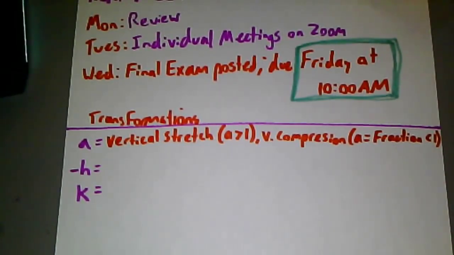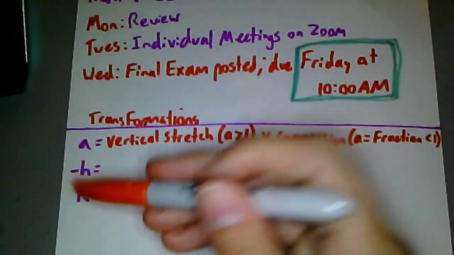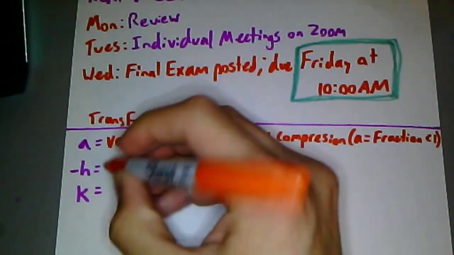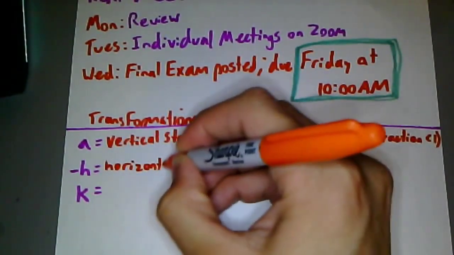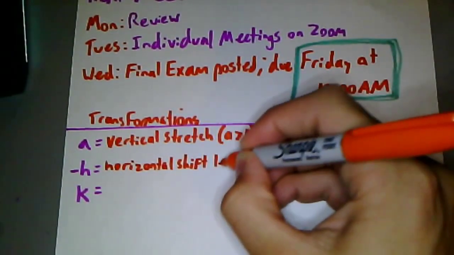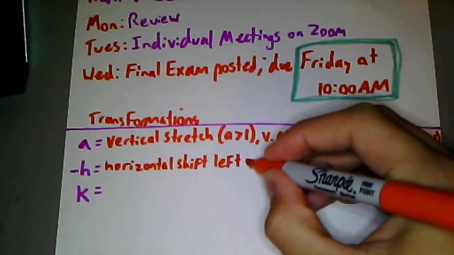Also, an important thing to remember is if A is negative, no, I'll do that later. H, I wrote minus H because it's x minus H in vertex form. What does H tell us? H tells us whether or not we have a horizontal shift, left, or right.